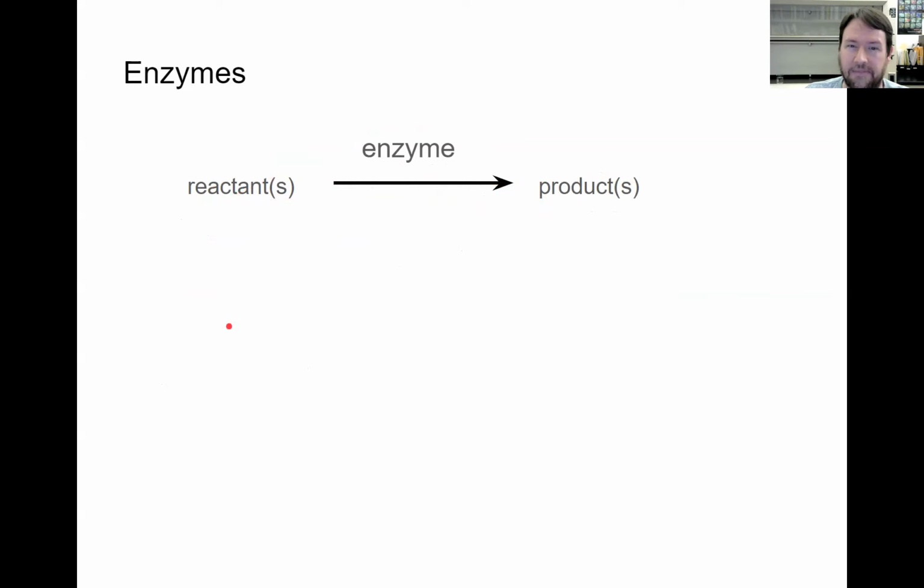It's a catalyst, right? When we're talking about enzyme catalyzed reactions, the reactants have a special name called substrates. Sometimes there's only a single substrate, sometimes there's multiple substrates that join the enzyme and allow the formation of the product or products.